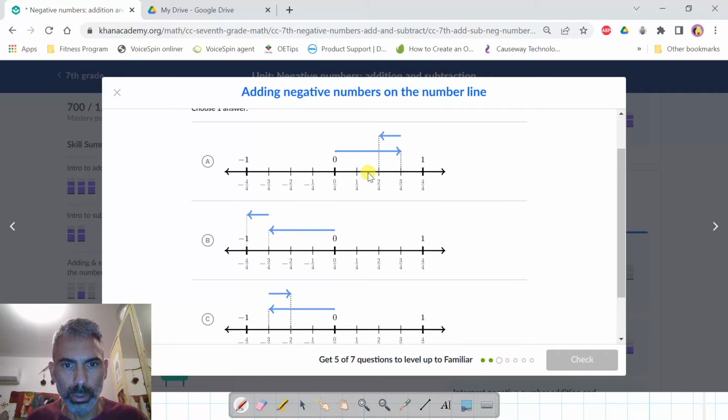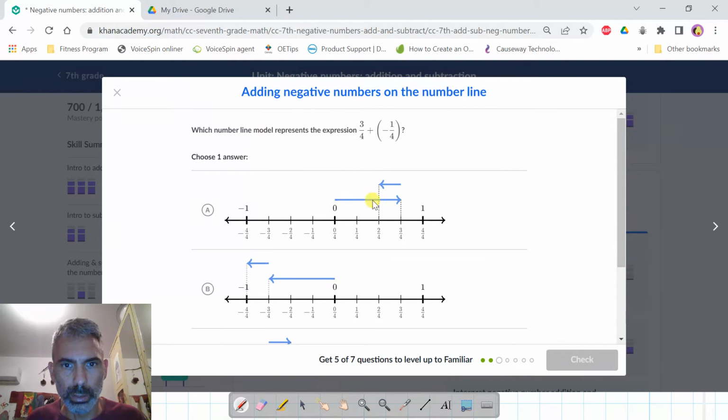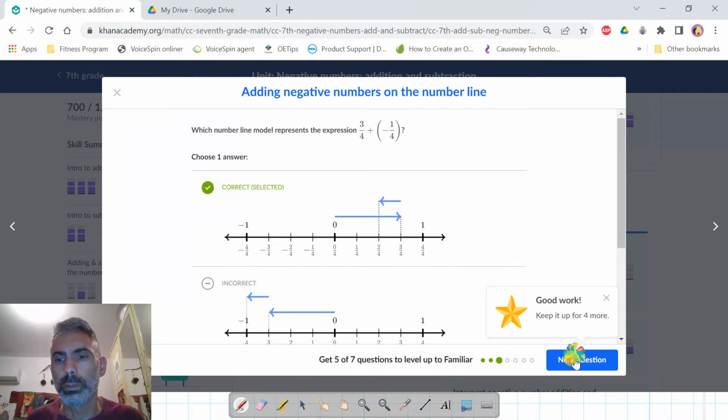So the only option that begins the journey to the right of the 0 is option A. And then we take another step to the opposite direction because we are adding a negative number. So we jump 1/4 to the left and we end up at 2/4.